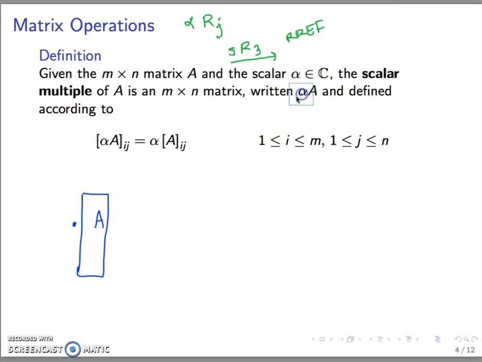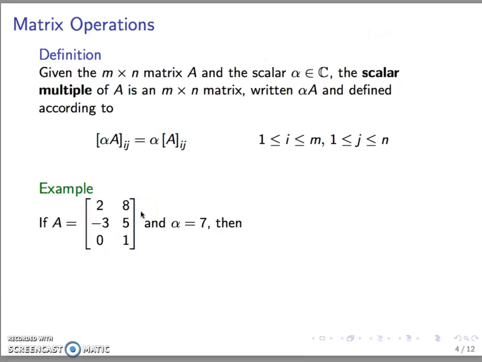Then the matrix denoted alpha A, a new matrix, is defined as follows. The ij entry of alpha A is nothing other than multiplying two complex numbers: alpha multiplying the ij entry of the matrix. So this basically means that we propagate that multiplication throughout.